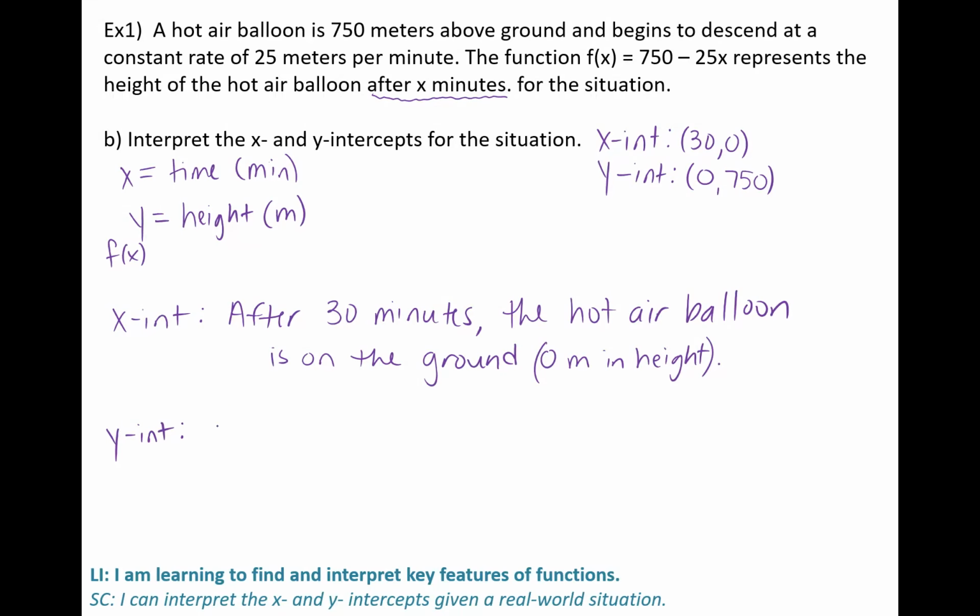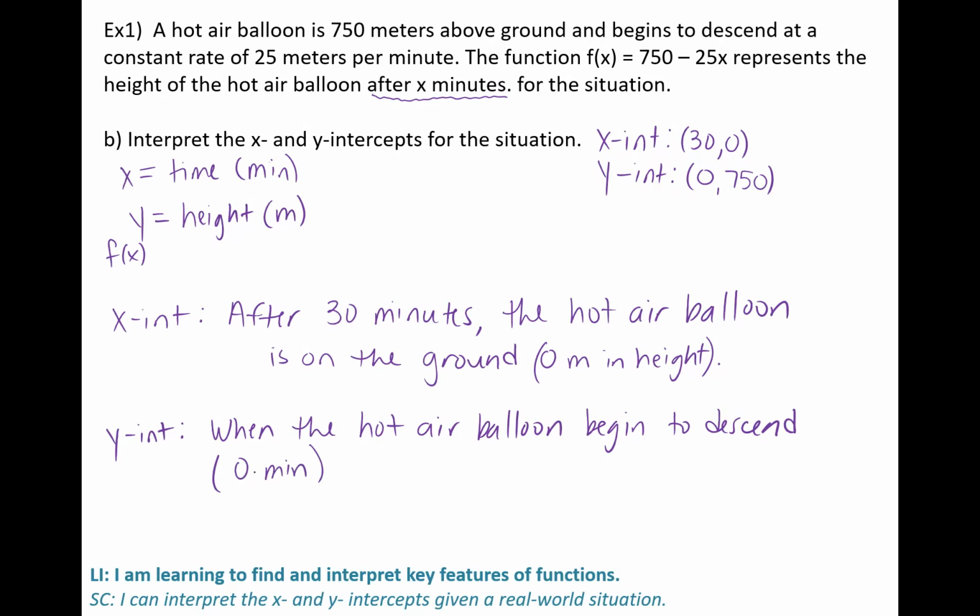So I might say something like, when the hot air balloon begins to descend, and I can even add parentheses to say 0 minutes, to show that I know I'm including that 0 concept. We always have to make sure we have both numbers.